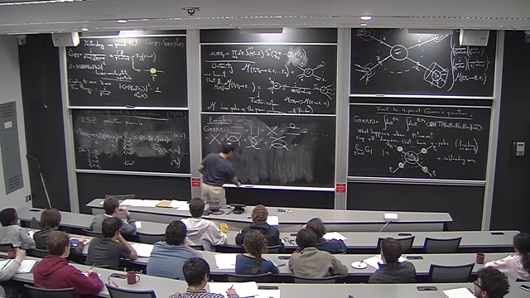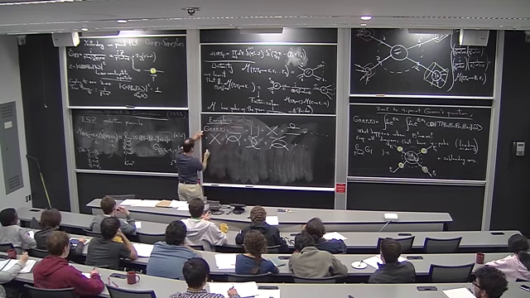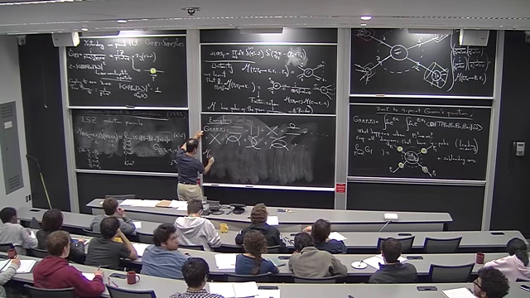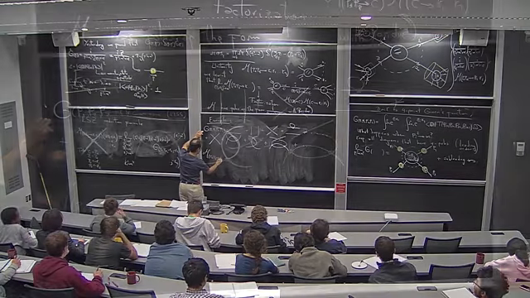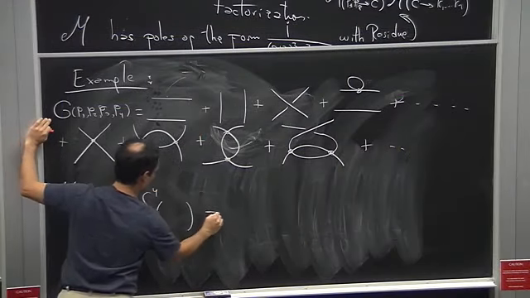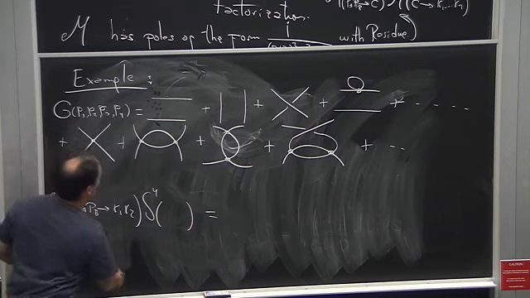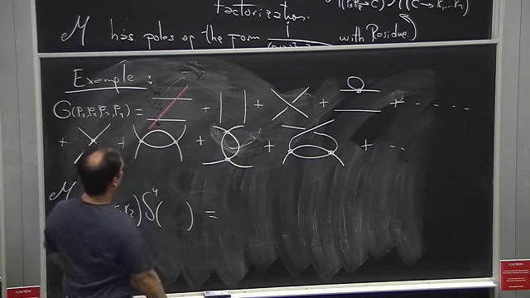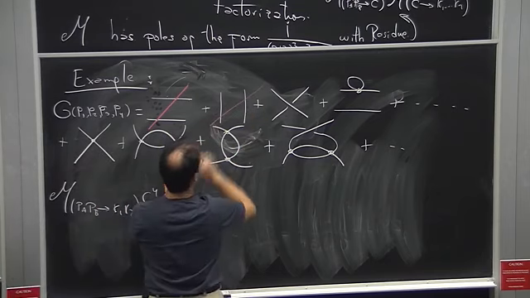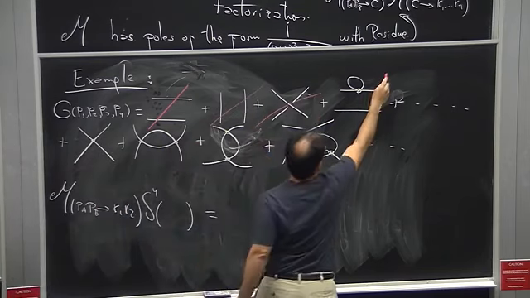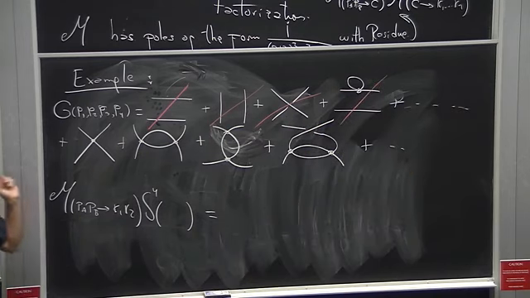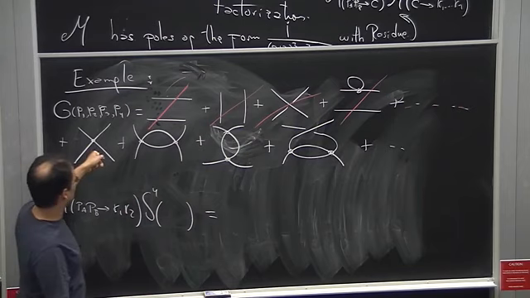Okay, so now let's take the limit and actually compute. This guy doesn't contribute. Very nice. This guy we don't have to worry about, neither this guy. All these guys are boring. So the first one that contributes would actually be this one.